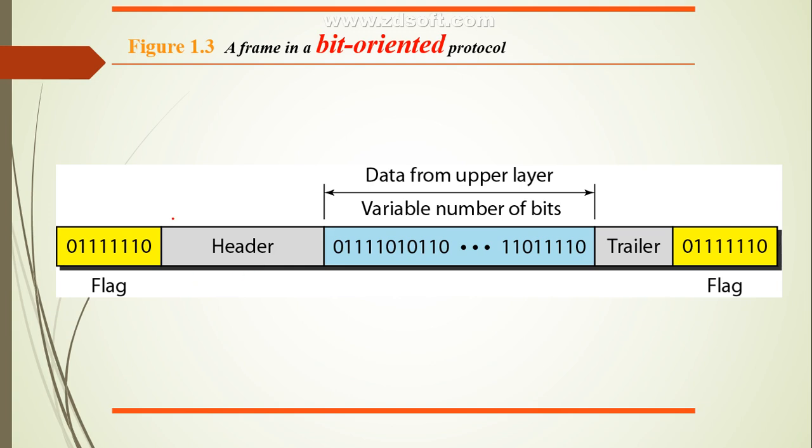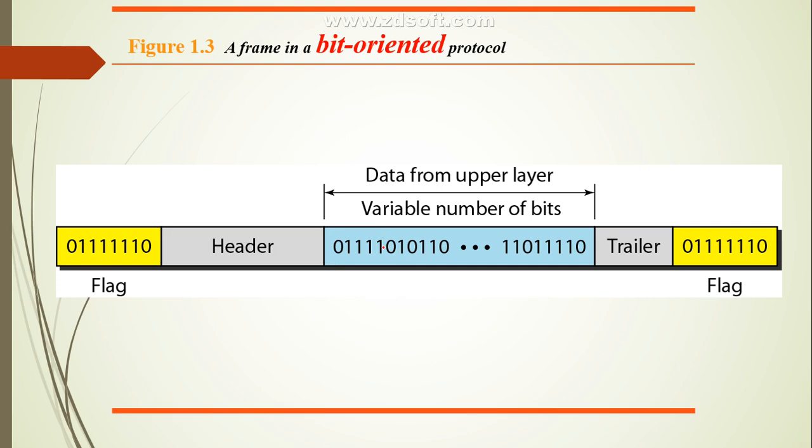Now, as for this problem that we discussed in the previous scenario in the character oriented protocol, this flag can create the same type of problem that we saw earlier. Suppose this flag, this bit pattern, appears in the data portion.